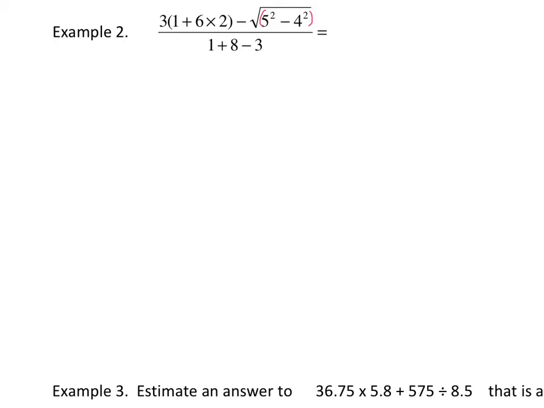So let's begin and evaluate the bracket first. We've got 3, and inside the bracket, and by the way, having 3 and then no operation and then a bracket means 3 multiplied by what's inside the bracket.